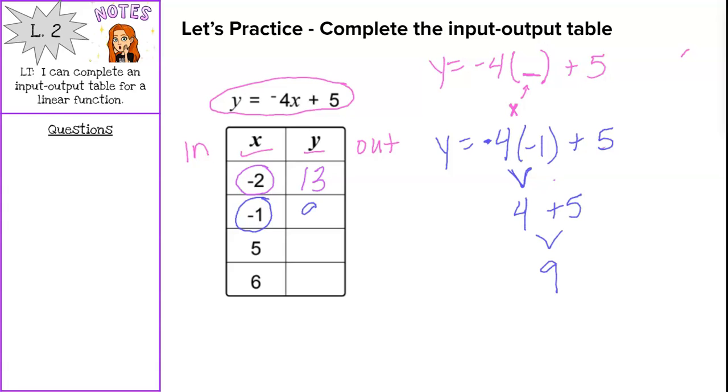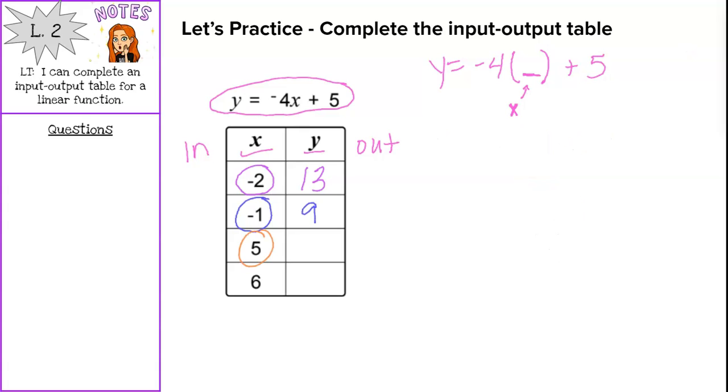So I put 9 across from negative 1. The next value I put in is 5. So I'm going to rewrite my function, y equals negative 4, inside the parenthesis is going to go 5, and then plus 5. Negative 4 times 5 is negative 20. Negative 20 plus 5 is negative 15. So you put negative 15 here.